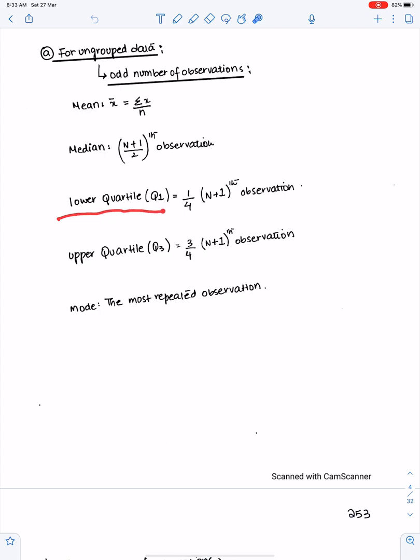Lower quartile, make sure you learn these two formulas, this one as well. For ungrouped data and for an odd number of observations, this is the formula for Q1. It is 1 upon 4 times n plus 1th observation, and this is 3 upon 4 times n plus 1th observation.